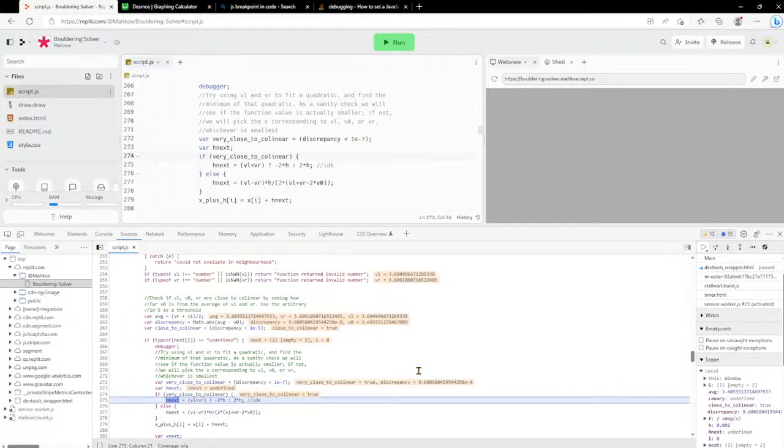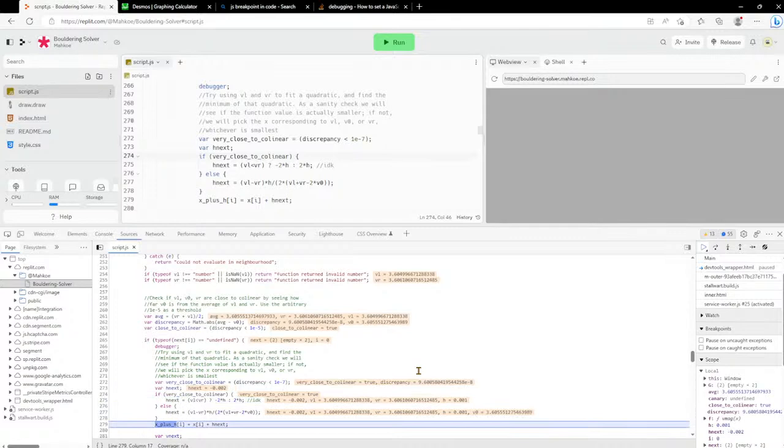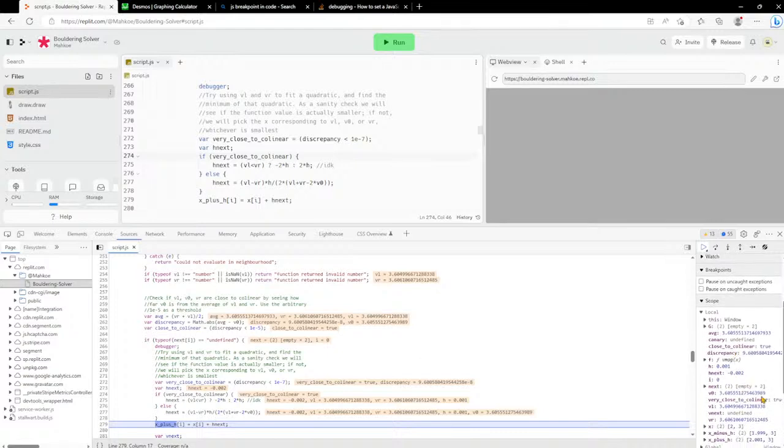So this method is not working. Oh, wait a minute.